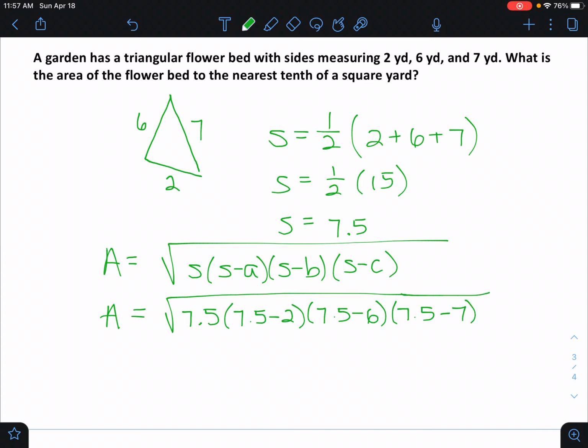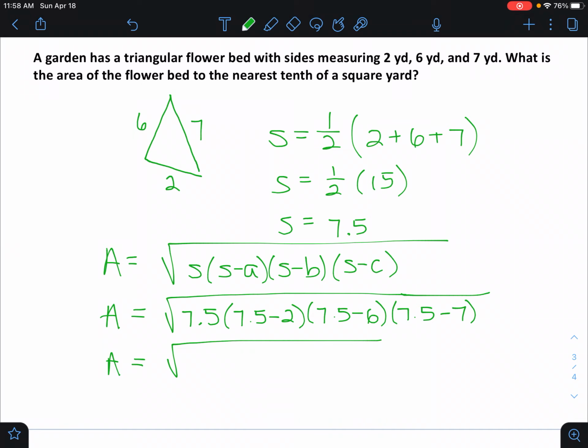Just stay consistent. You could just type this into your calculator just the way you wrote it, and then take the square root. You could simplify that first and then take the square root, however you want to get there. I think I'm just going to type that into my calculator just the way I see it.